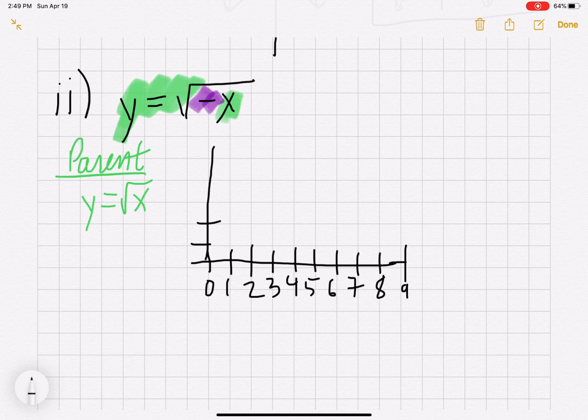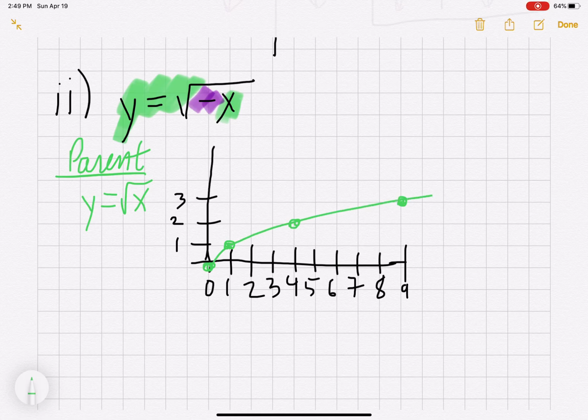All right, so key points for the parent are what? (0, 0), (1, 1), (4, 2), and (9, 3).